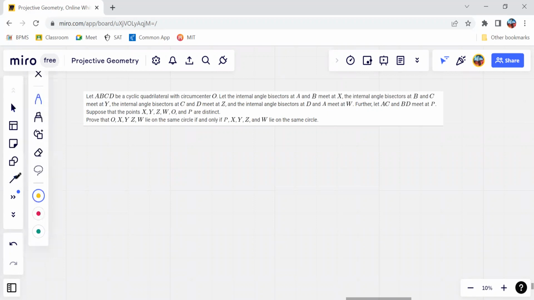Essentially, another use of Pascal is that in this case, you want to show that some 5 points are cyclic given some 4 other points. I don't think I mentioned the converse of Pascal's theorem also holds. If for some hexagon A, B, C, D, E, F this holds, it means there is a conic going through those 6 points.